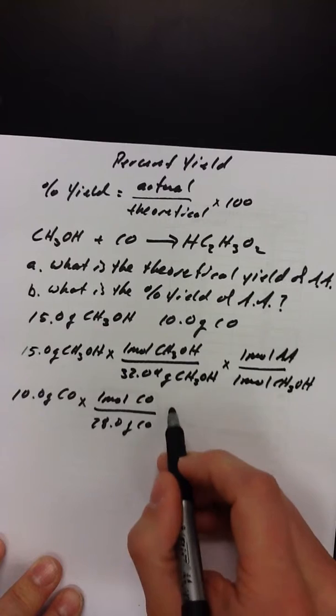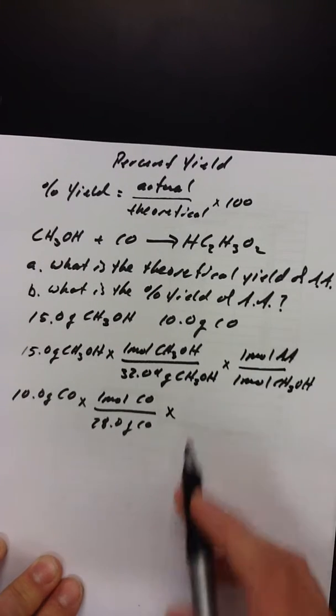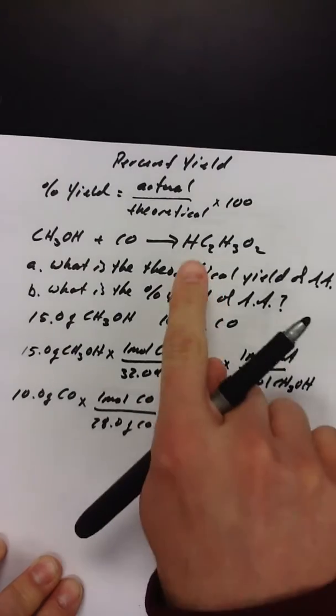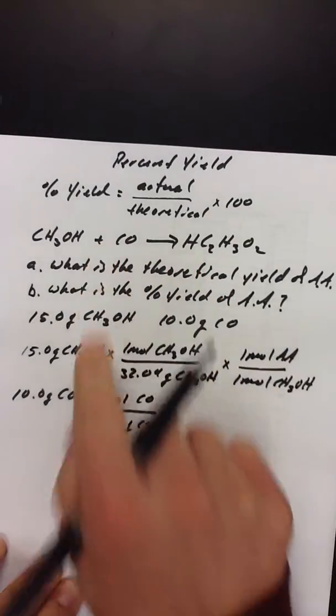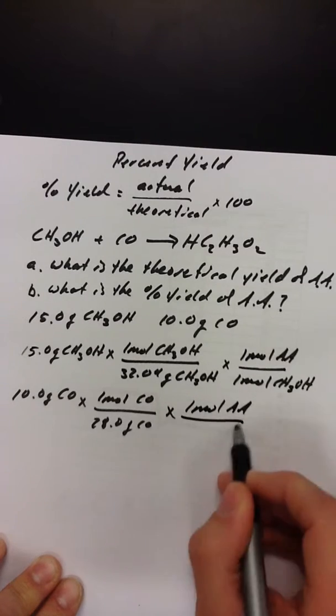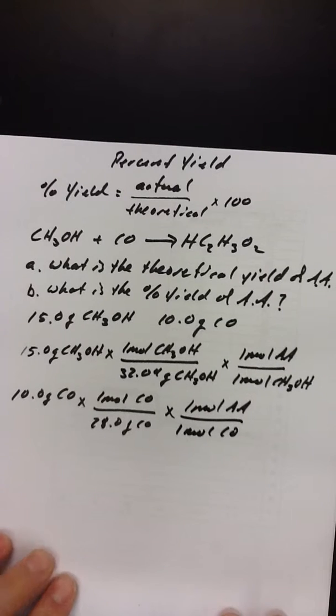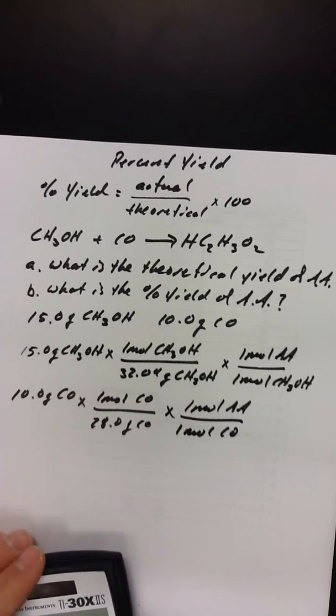Okay. Same thing with carbon monoxide, where we have moles of carbon monoxide now. We need to convert to moles of acetic acid. Looking at the balanced reaction, we have 1 mole and 1 mole. So 1 mole of acetic acid is produced for every 1 mole of carbon monoxide that gets used. So we'll run through this calculation real quick.